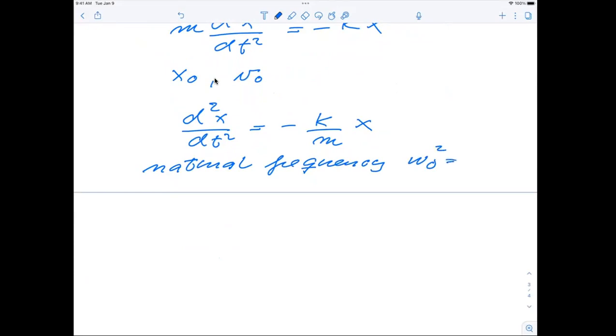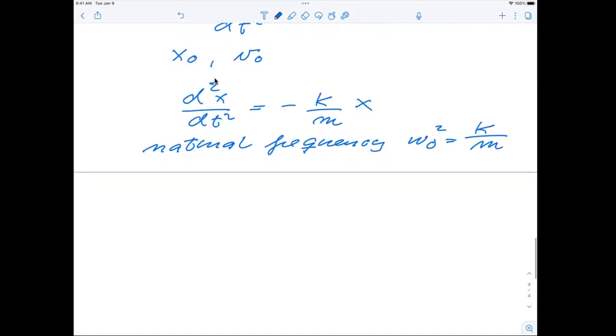And it's called natural because it's defined in terms of the physical constants of the system, which is given by this spring constant, which is a material-dependent quantity, divided by the mass. So natural frequency or natural quantity often means that it's determined by the physical parameters of the system.